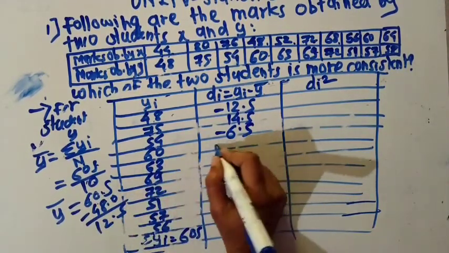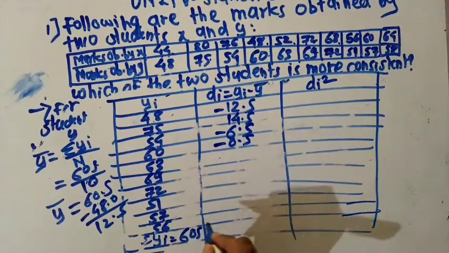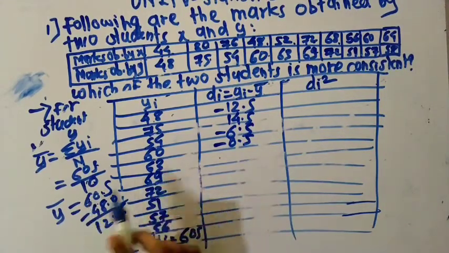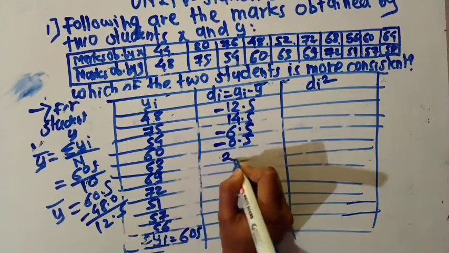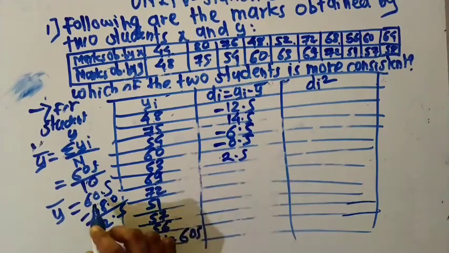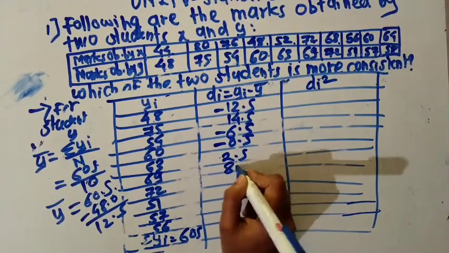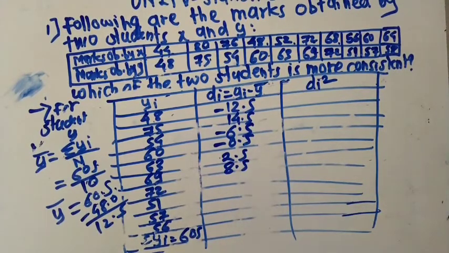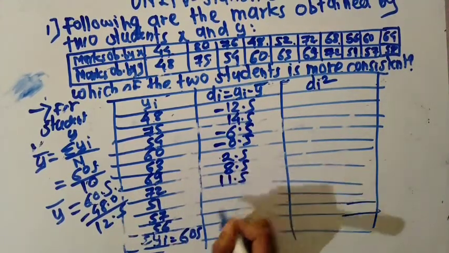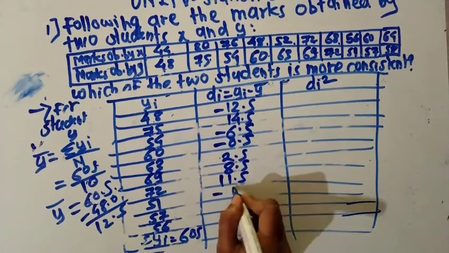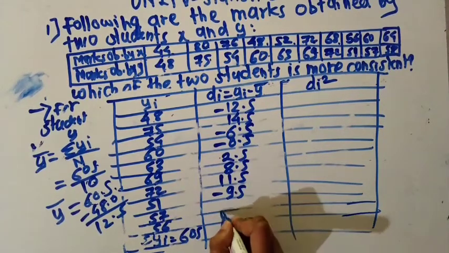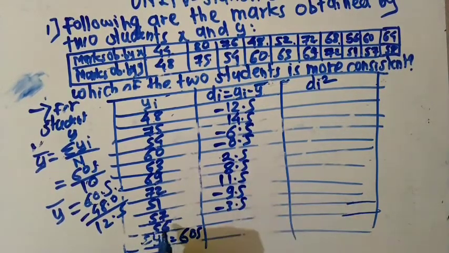Then 60 minus this is minus 0.5. 63 minus this is 2.5. 69 minus 60.5 is 8.5. 72 minus 60.5 is 11.5. Then minus 9.5. 56 minus this is minus 4.5.